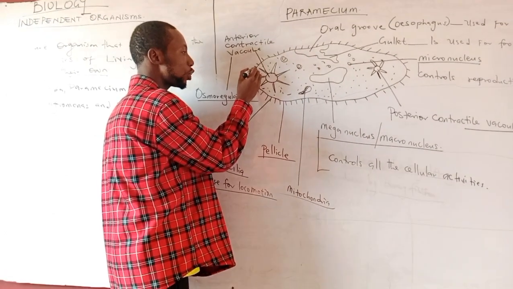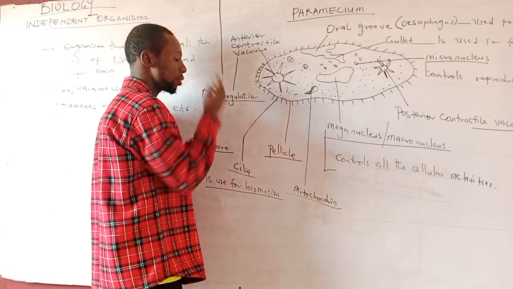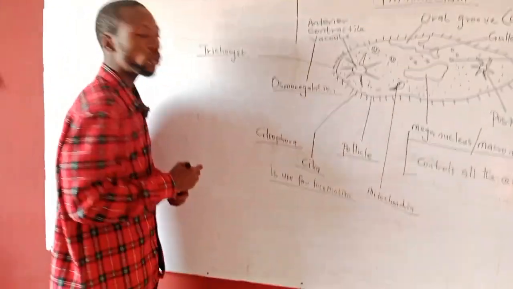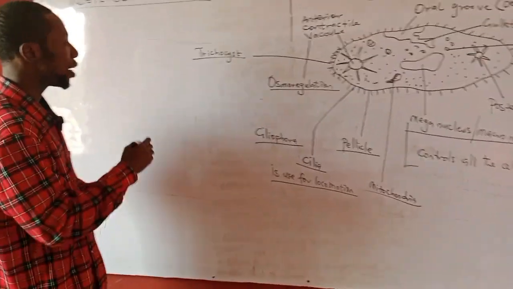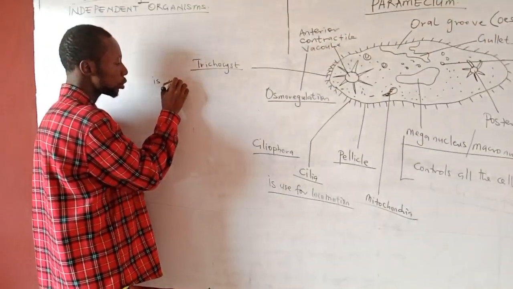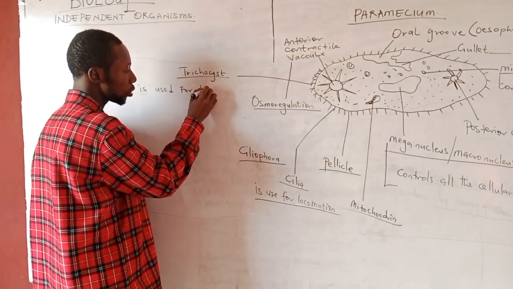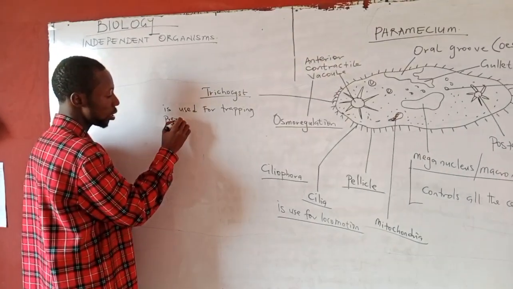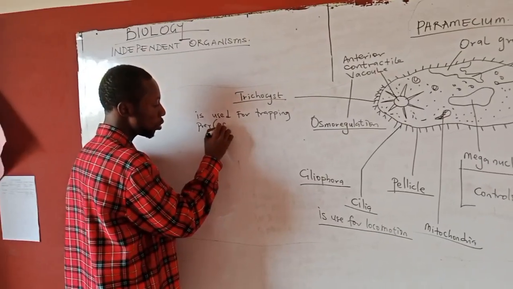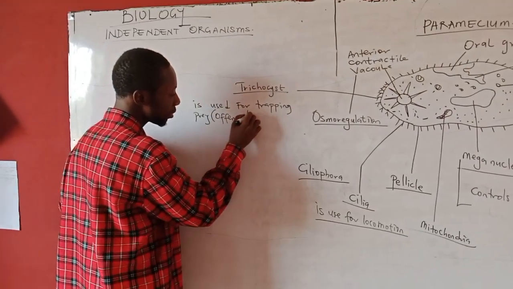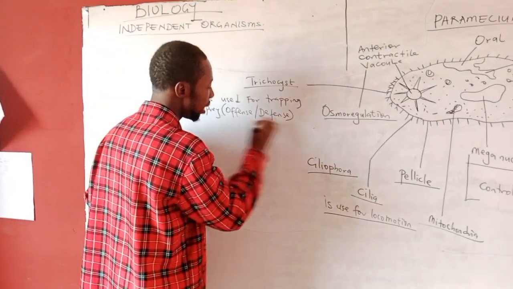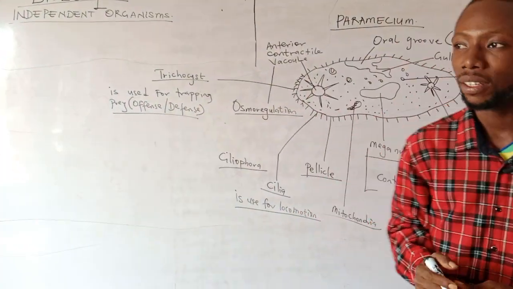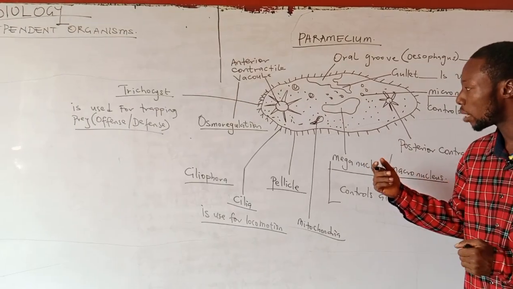At this part, the anterior part, we have the trichocyst. The trichocyst is used for trapping prey, and is also used for offense and defense. Alright, so all these are the functions of some of the organelles found in Paramecium.